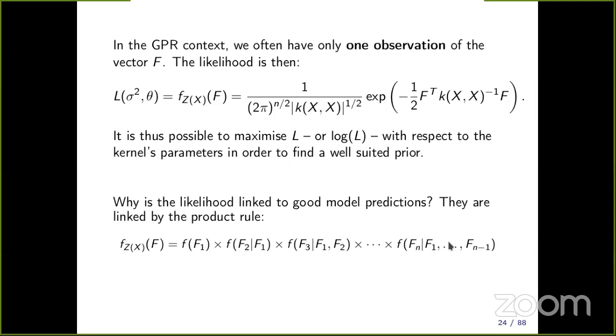But another way is to have a parametric model for the mean, like a linear regression model or a neural network. But in a way, I find it a bit weird that we have a non-parametric model and we include parametric components in it.